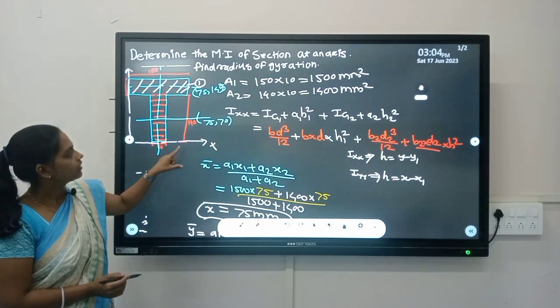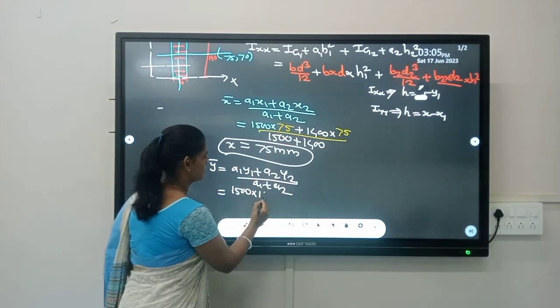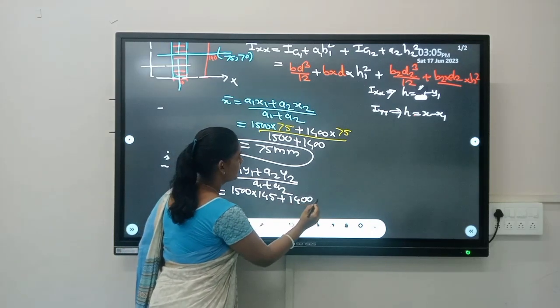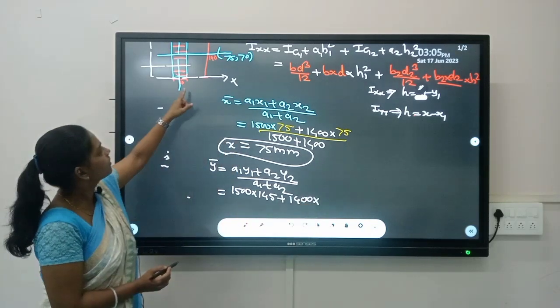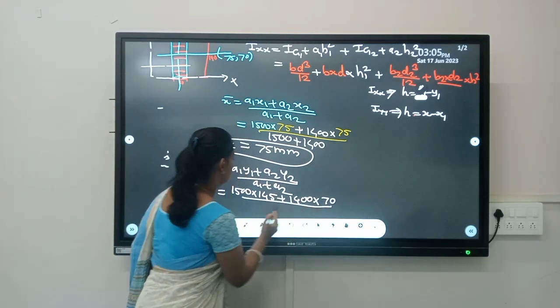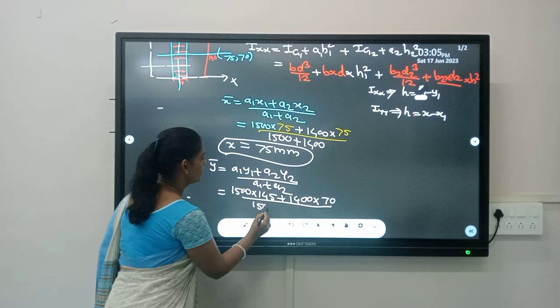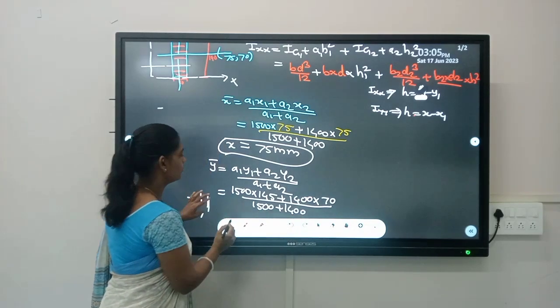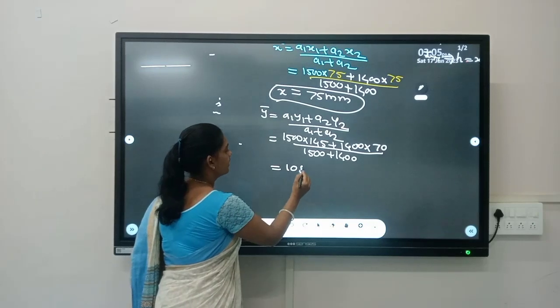That's why it becomes plus 1400 into y2 becomes 70 divided by 1500 plus 1400. What is the value? 108.79.